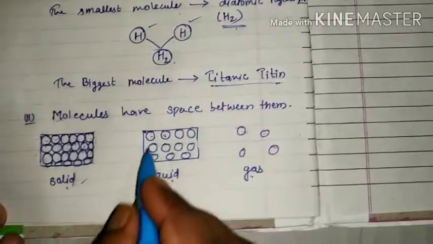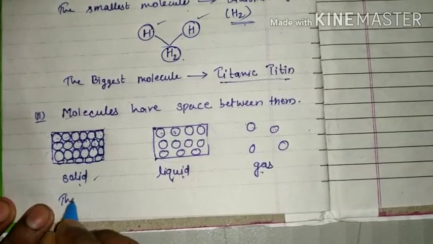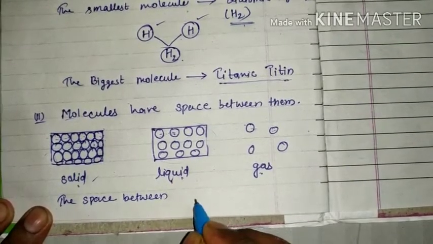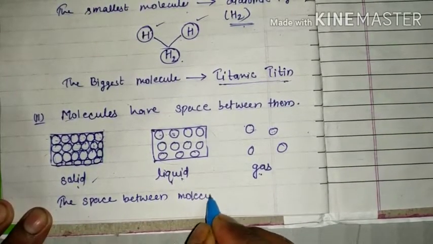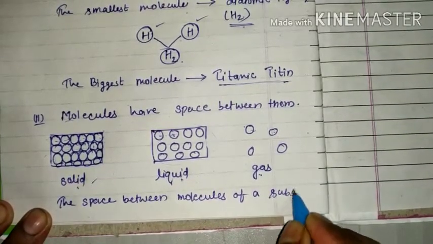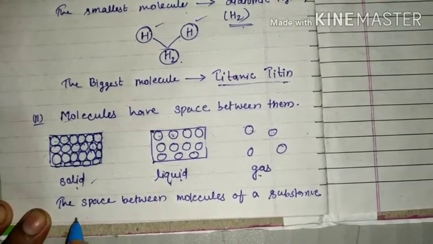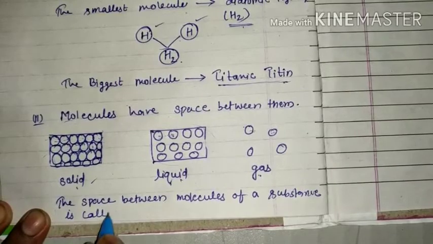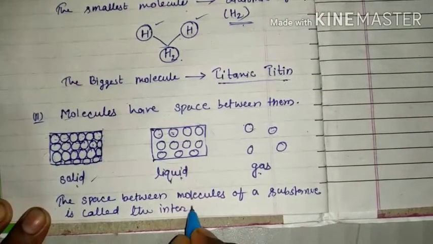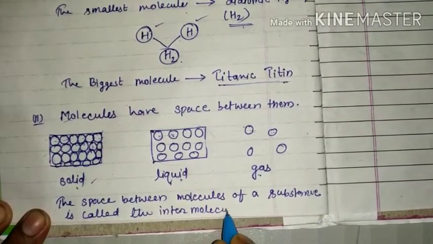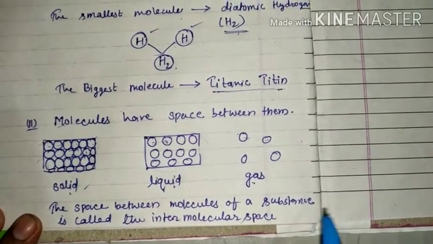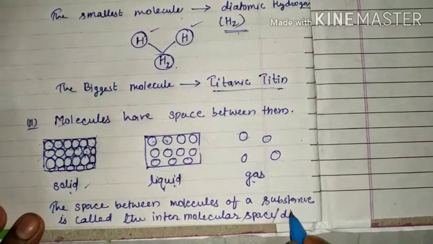Point out: the space between molecules of a substance is called the intermolecular space or intermolecular distance.